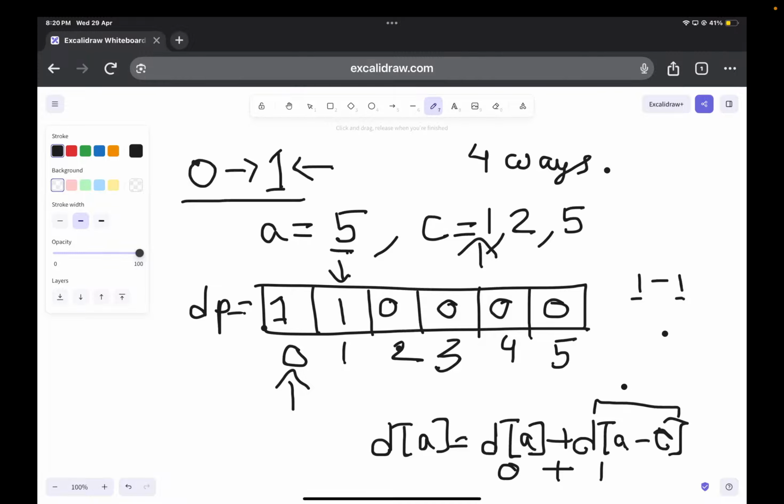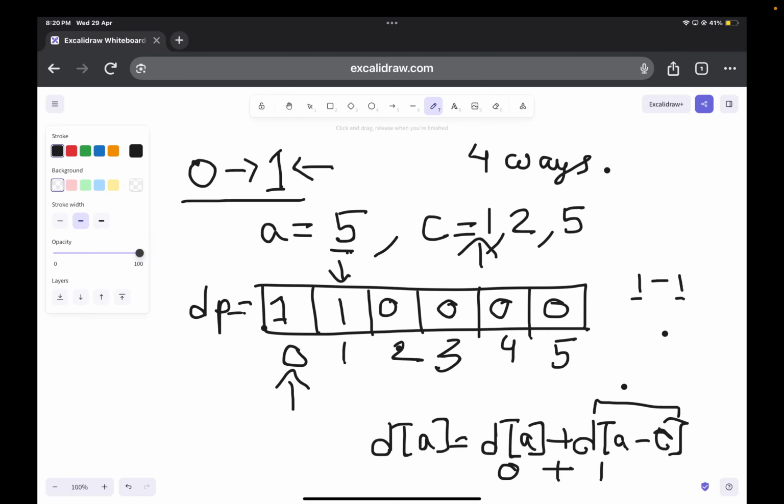This means if I have 1 rupee to pay to someone, and I have a 1 rupee note, then there is only one way to give it to that person. The amount is 1, 1 minus 1 is 0.